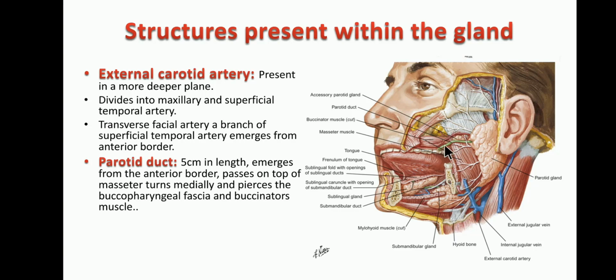To some extent, it runs over the mucous membrane in an oblique course, and then finally pierces the mucous membrane and opens into the vestibule of the mouth opposite the upper second molar tooth.